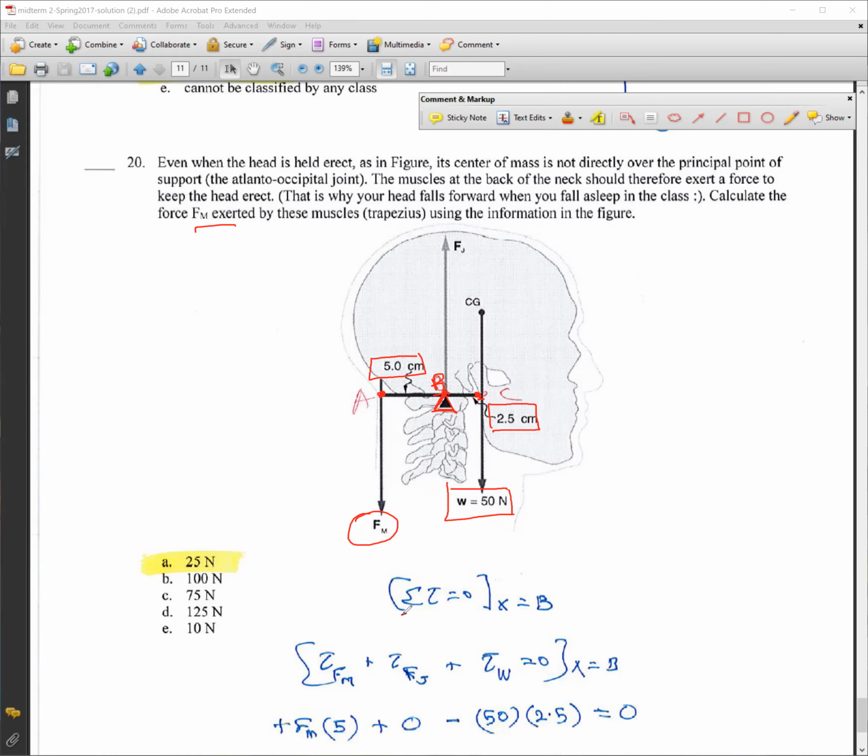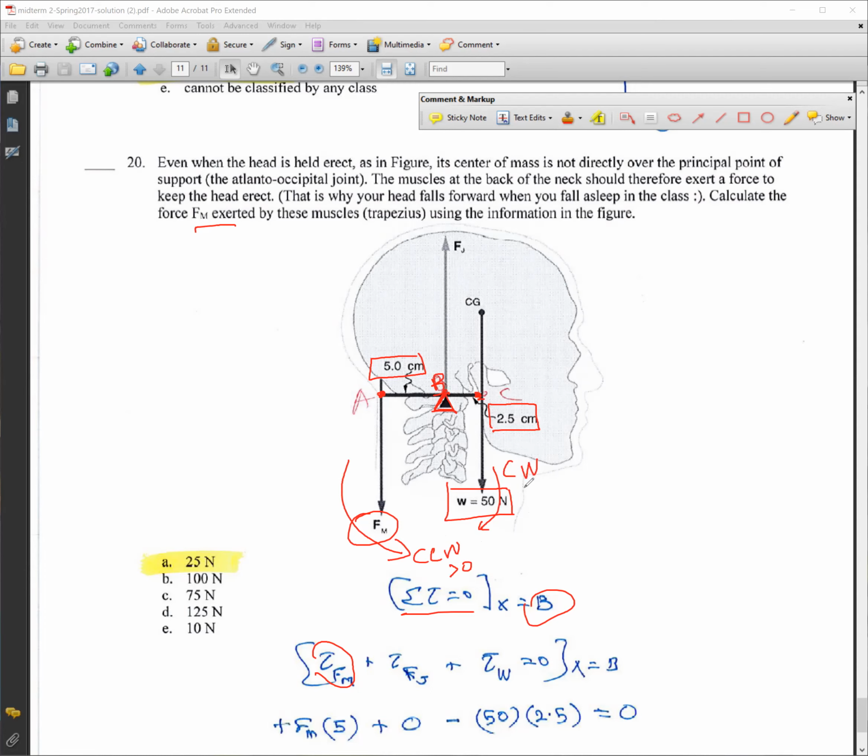Now, same idea, net torque equals 0 around the fulcrum at point B. And in this case, the torques will be first the torque due to Fm. This torque will be counterclockwise, will cause a rotation that is counterclockwise. So that means positive. Now, the torque due to the weight will be negative because it will cause a clockwise rotation, that's a CW.